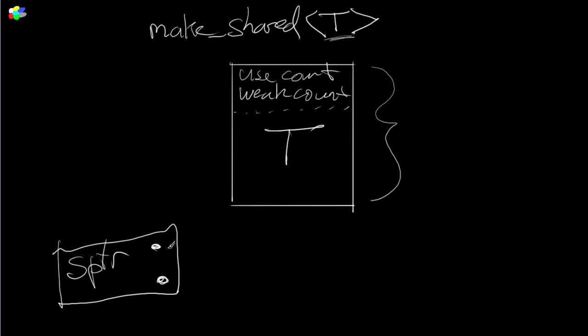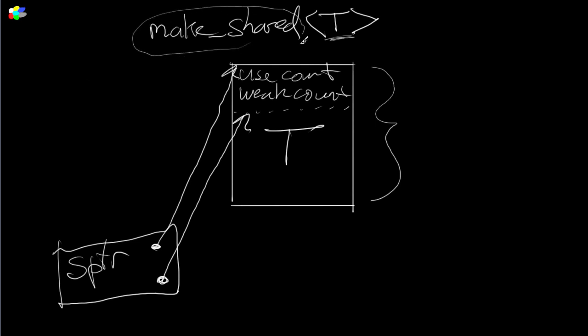And then in your shared pointer, your control block pointer is going to point to the beginning of the control block, and your T pointer is going to point to the beginning of your T type. But it's all in the same contiguous memory. It requires only one allocation instead of 2 allocations. It's just more efficient this way. And this is the primary reason why we are told to prefer make shared whenever we can.